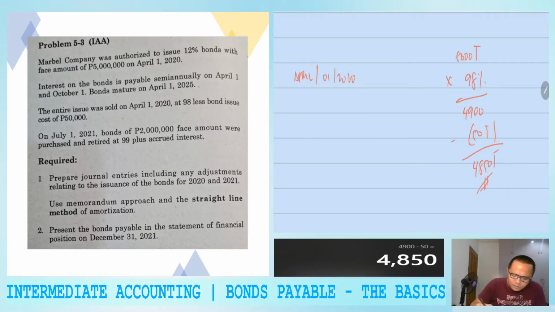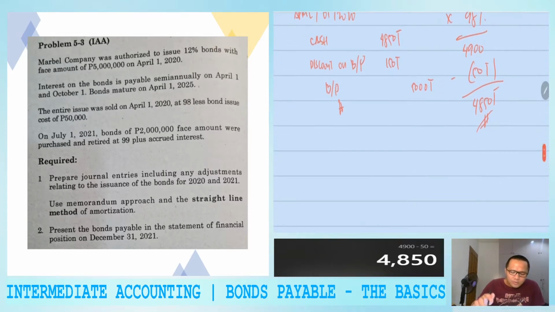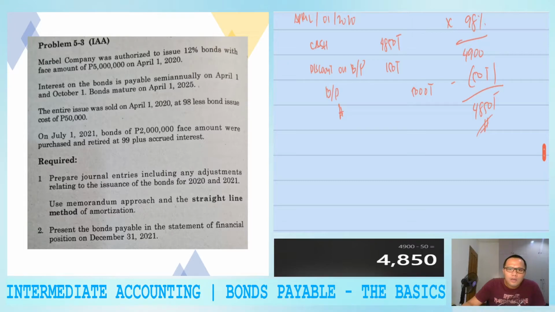Okay? So if we are to record that, cash 4,850,000, bonds payable at 5 million, then discount on bonds payable, we have 150,000.